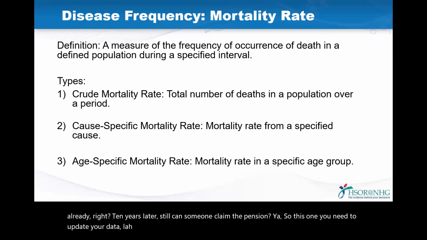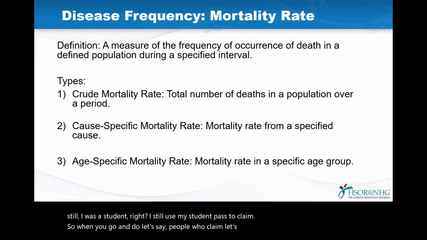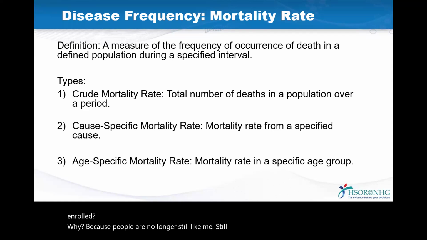Because if you can use the certificate to claim, it's just like me. I was a student, and I still use my student pass to claim. So let's say every student claims, and they find, how come there are 10,000 students when only 8,000 students are enrolled? Because people who are no longer students, like me, are still using the student card.